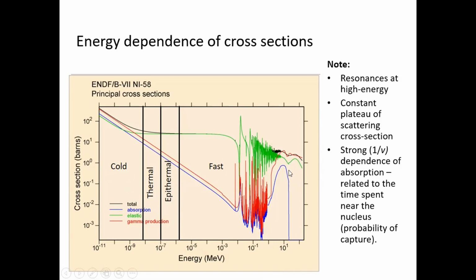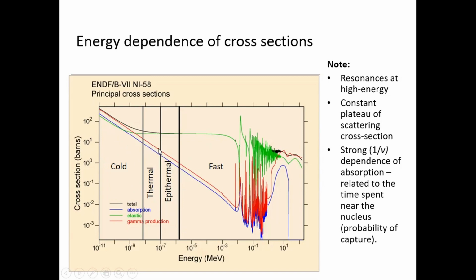The resonances are these sharp changes, and they occur at the high energy. And the constant plateau is the scattering cross section. The fixed values are also shown, and the 1 over V behavior is called the absorption-related behavior near the nucleus, and the probabilities follow the 1 over V behavior.